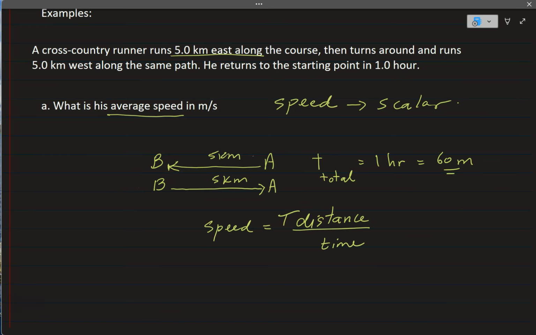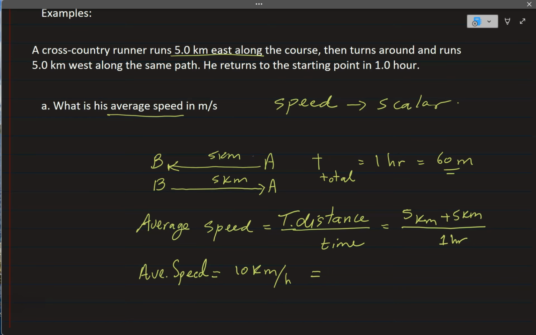So the total distance here, what do we have? Well, 5 kilometers plus 5 kilometers divided by 1 hour. And what we have is 10 kilometers per hour. That is the average speed.